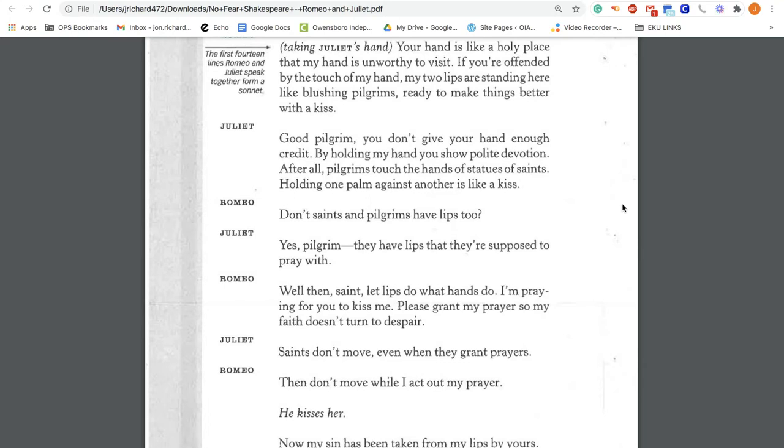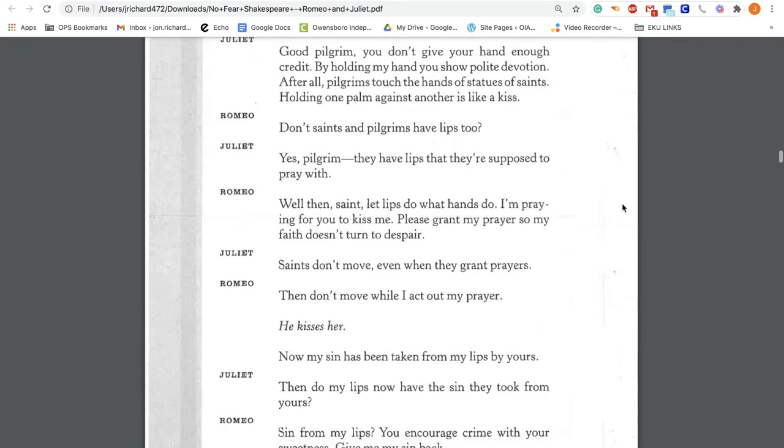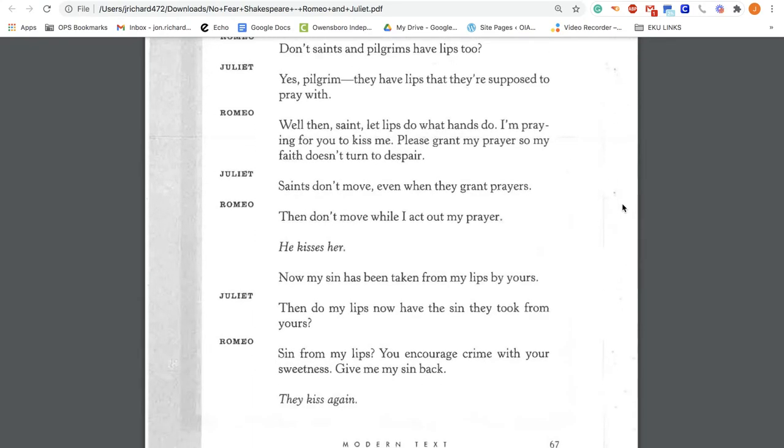Well then, saint, let lips do what hands do. I'm praying for you to kiss me. Please grant my prayer, for my faith doesn't turn to despair. Saints don't move even when they grant prayers. Then don't move while I act out my prayer. He kisses her. Now my sin has been taken from my lips by yours. Then do my lips now have the sin they took from yours? Sin from my lips, you encourage crime with your sweetness. Give me my sin back.